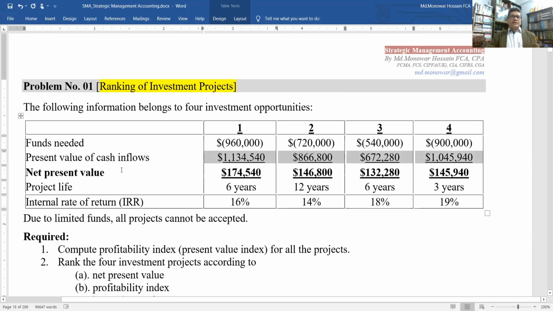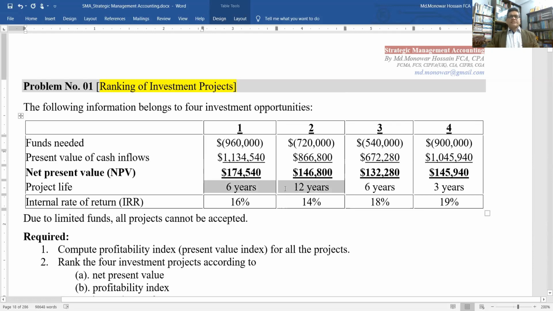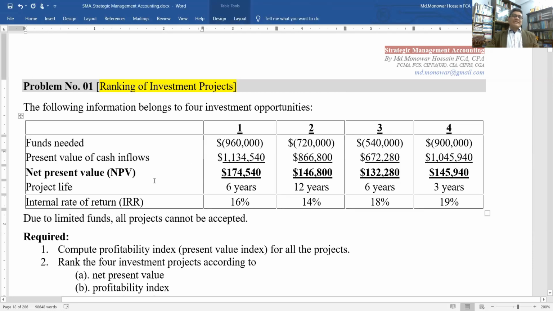So NPV, net present value, is positive: 174,540, 14,680, 132,280, 154,940. Project life is 6 years, 12 years, 6 years, 3 years. Internal rate of return IRR is 16%, 14%, 18%, 19%. Due to limited funds, all projects cannot be accepted. That's why we have to rank the projects.